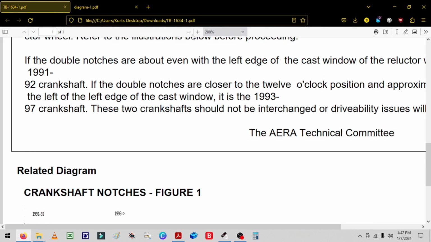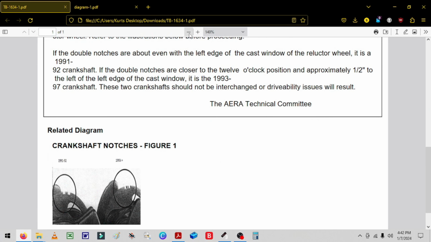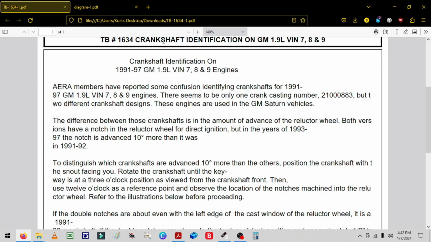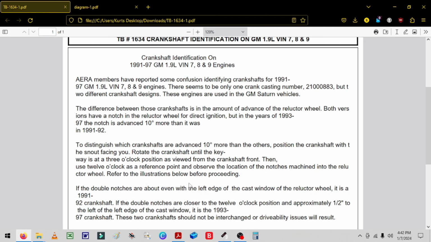So if we go back over here, when we're talking about the distributor cap on Dan's Starlet, he mechanically advanced the timing 10 degrees.